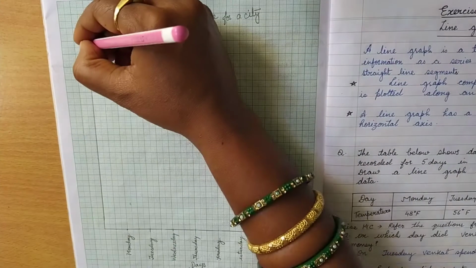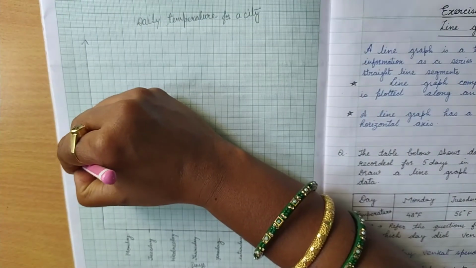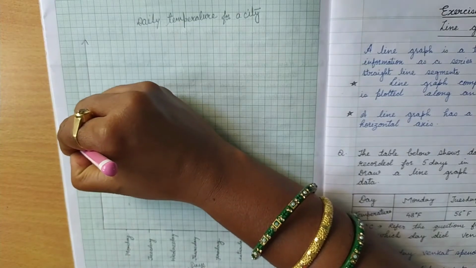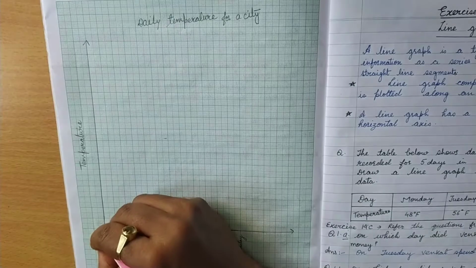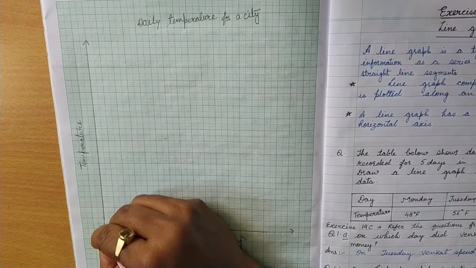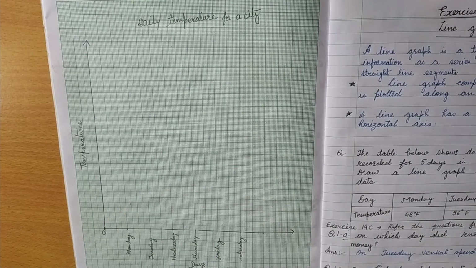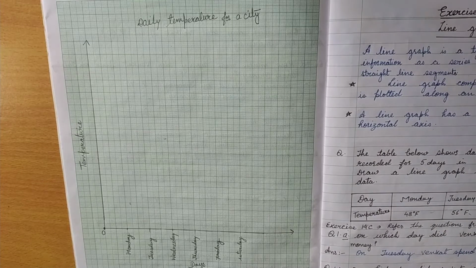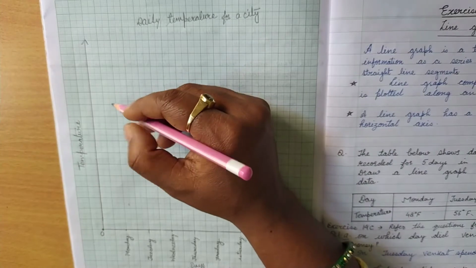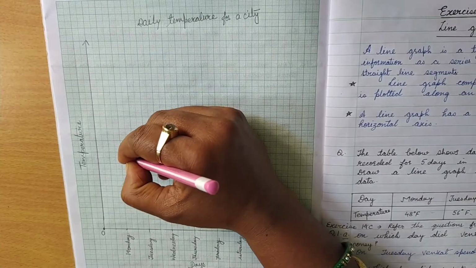Now on this side I have to plot the temperature. So we will begin from 0. Now we will see the temperature. It is given as 48, 56, 60, 65, 58. As I explained earlier, the small blocks represent 1.